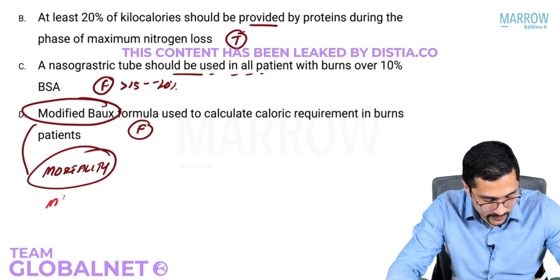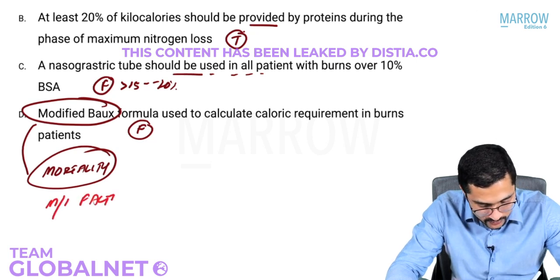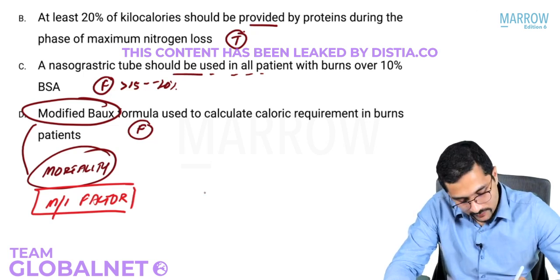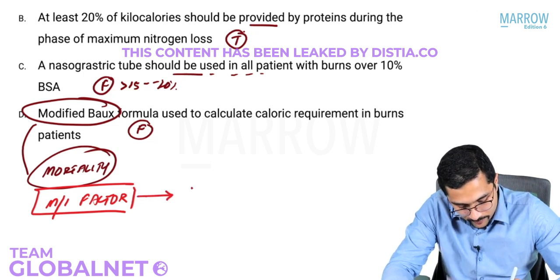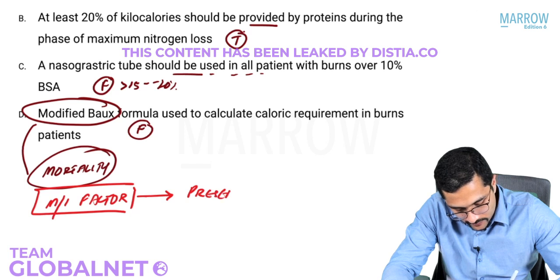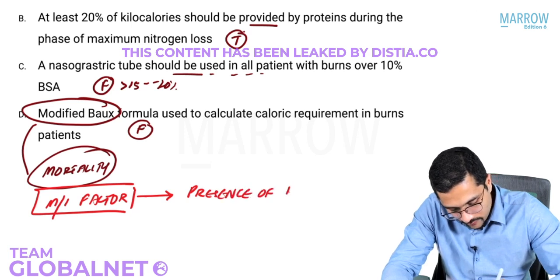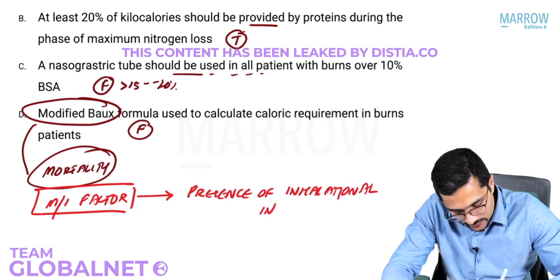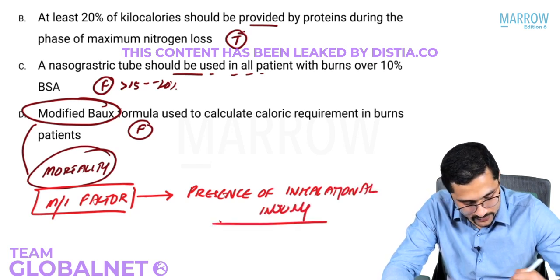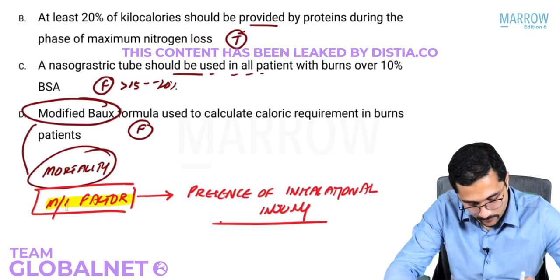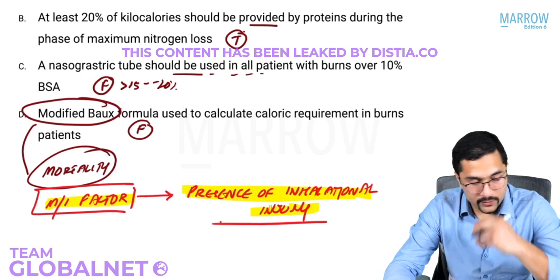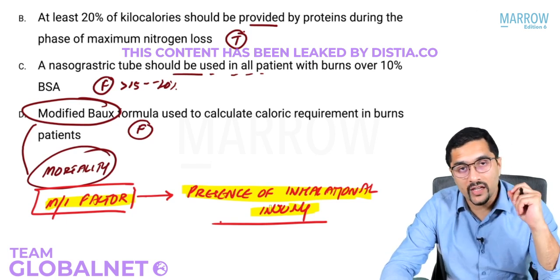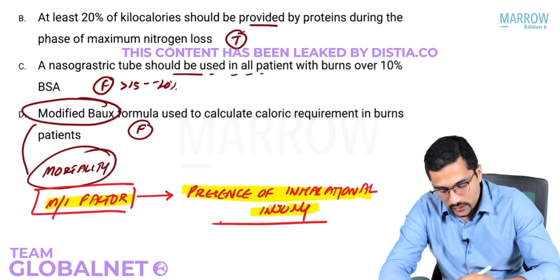And the most important factor which determines mortality is the presence of inhalational injury. It is not the age, it is the presence of inhalational injury which is the most important factor.